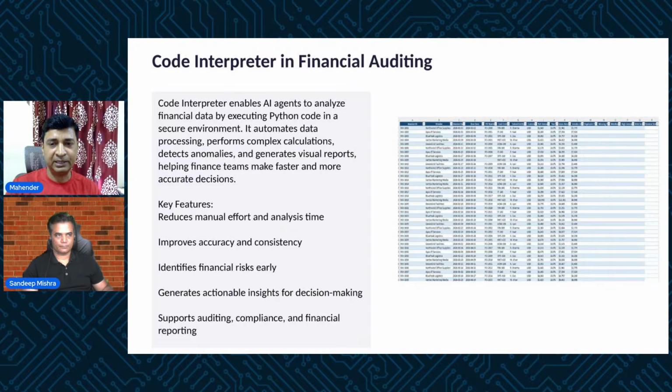So the code interpreter can help us improve the accuracy and consistency in the auditing process that we do in financial accounting. That's what we are going to show today: how we can use the data and perform this financial auditing using the code interpreter.